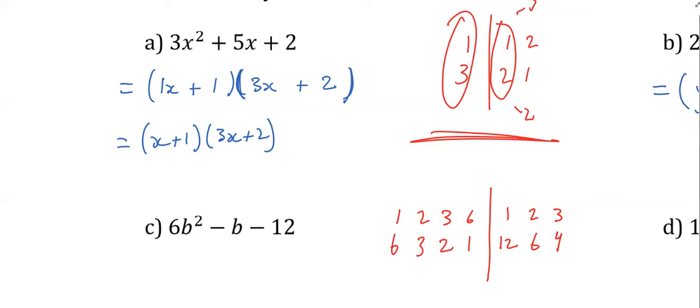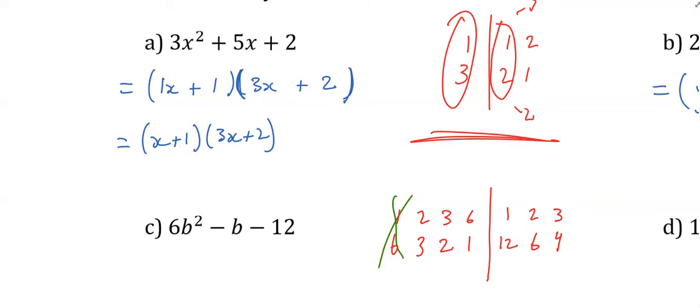So 12, 6 times 1, 6. 12 minus 6, not right. 1 and 6, 6 and 2, that's 12 and 6 again. 12 minus 6 is not 1. 1 and 4, 6 and 3, 18 minus 4 is not 1. So I just checked that pair of factors with all 3. None of them worked. So now I'm moving on.